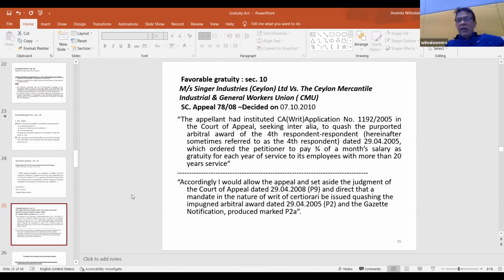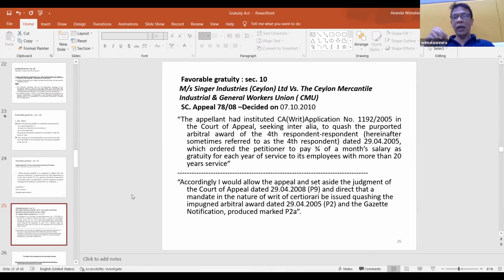Legally they are entitled to half a month's salary, but the company offered enhanced gratuity, 3/4 or 75%, in writing to the union, for those who have worked more than 20 years of service when they retire.